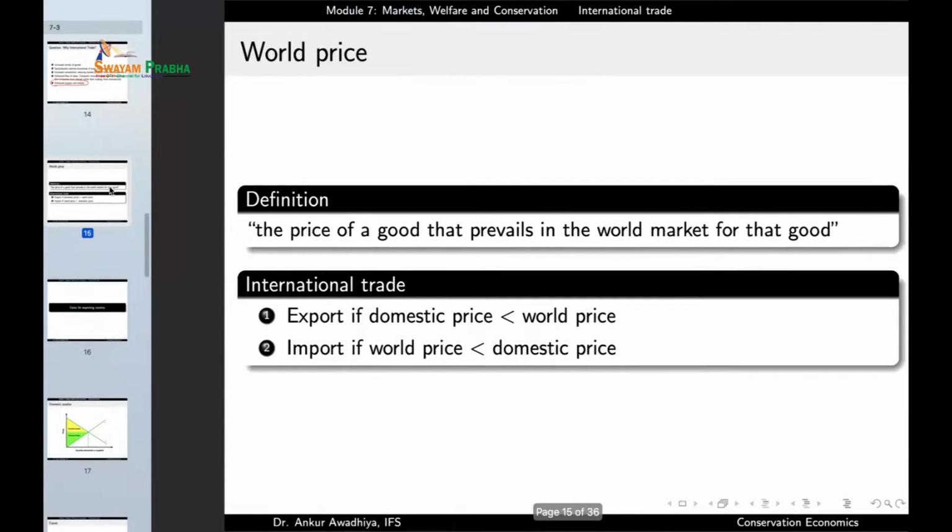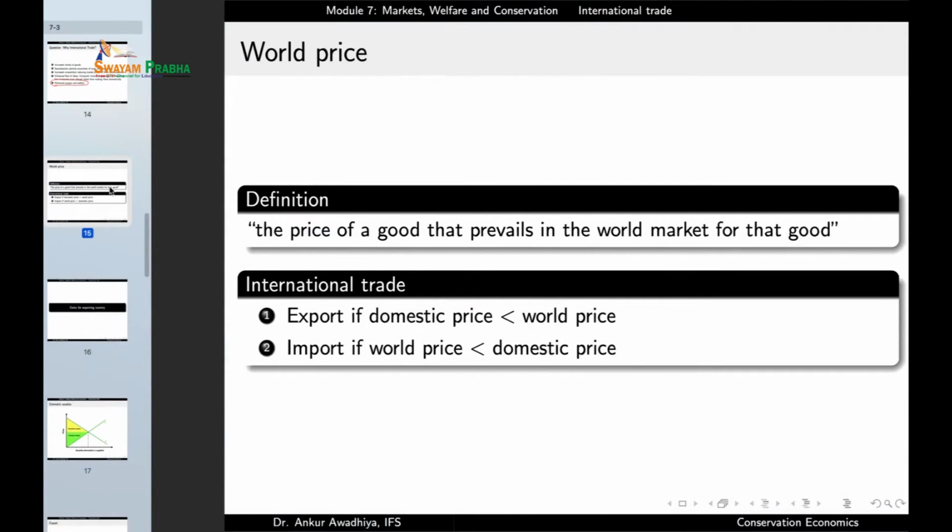Now, the point is, how do we make a balance? How do we ensure that we have international trade in such a manner that we are also able to perform conservation? To understand that, we need to understand how international trade is able to enhance the surplus and welfare of people.